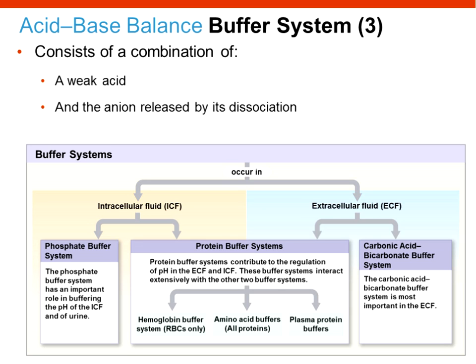Okay? The extracellular buffer that's entirely in the extracellular system is the carbonic acid bicarbonate buffer system. So this is that carbonic anhydrase that's found in the extracellular fluid and helps to convert the carbon dioxide gases dissolved in water to bind with water, form carbonic acid, and then dissociate the hydrogen and bicarbonate ions.